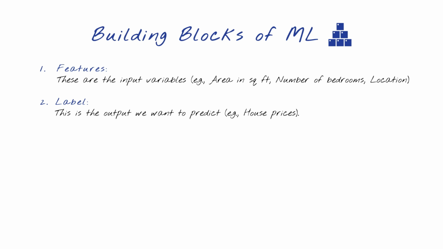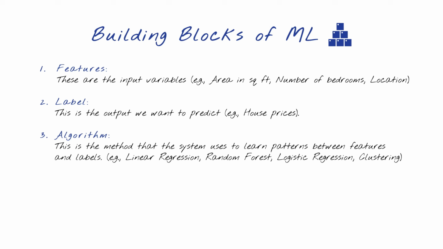After covering features and labels, we can now explore algorithms. An algorithm is a method that the machine learning program uses to learn the patterns and relationships between features and labels. Different types of problems require different algorithms, each with its own approach to interpreting the data. For example, linear regression, random forest, logistic regression, clustering, and dimensionality reduction are all commonly used algorithms.